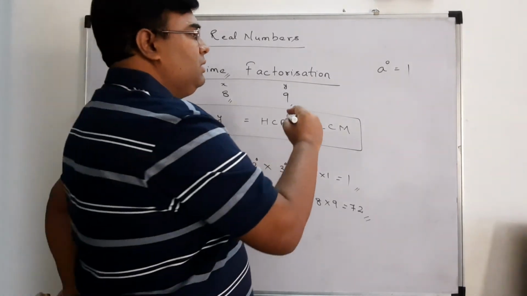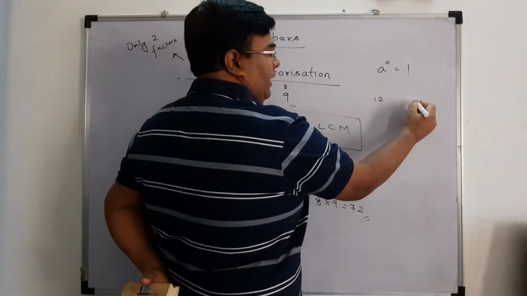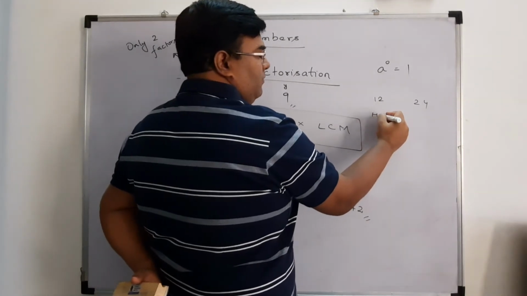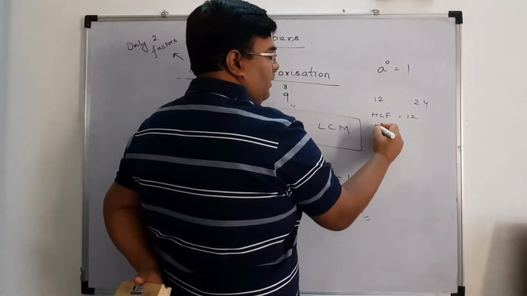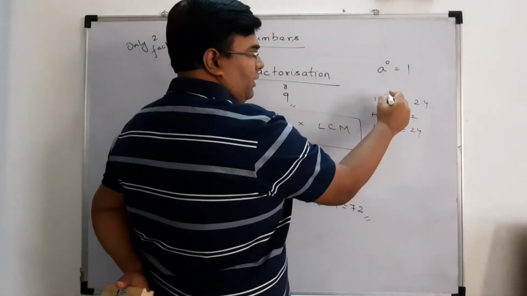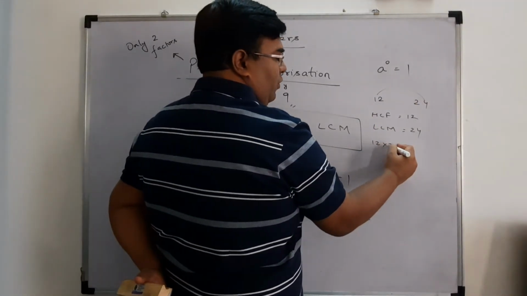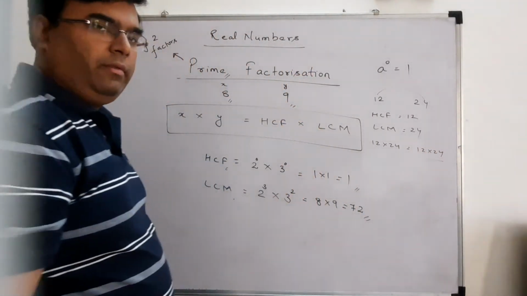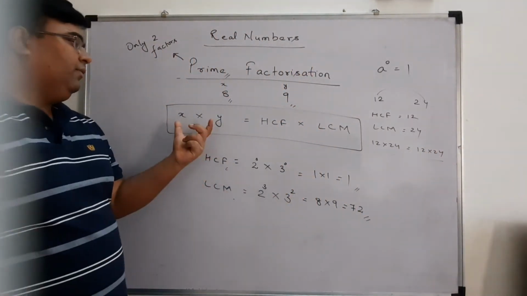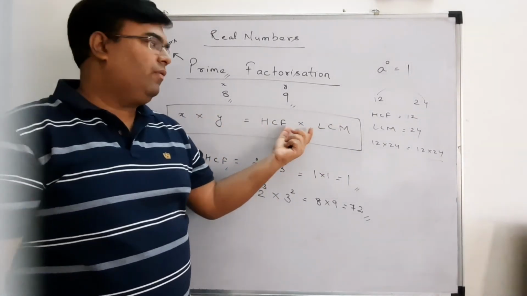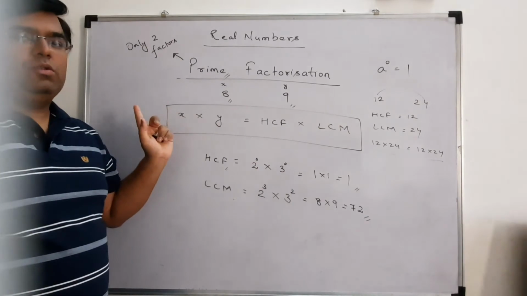If you remember this, 12 and 24, right? My HCF was 12 and LCM was 24, correct? Again, 12 into 24 is equal to what? Right? So if three things are given, two numbers and HCF, you can find LCM by this formula also.